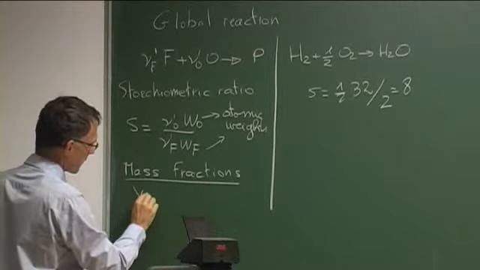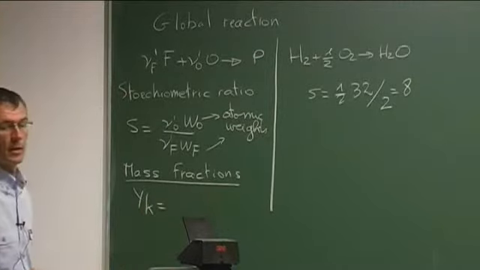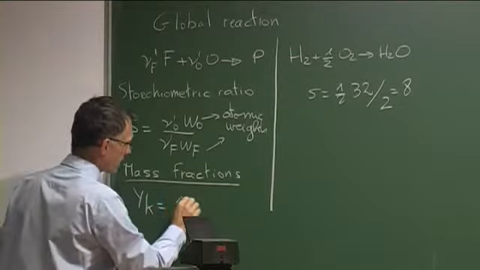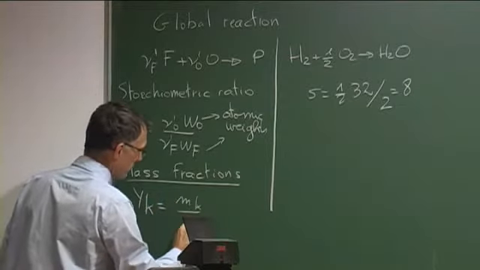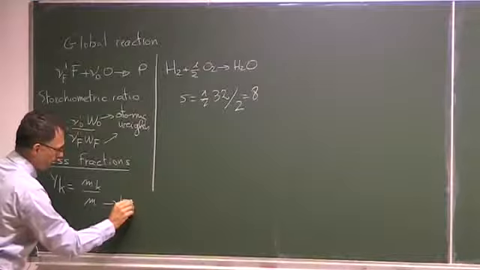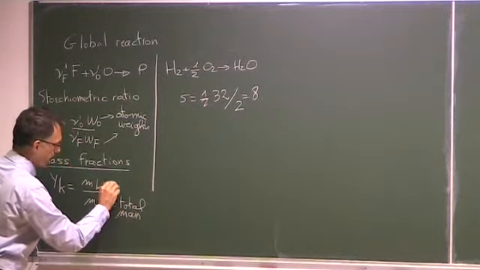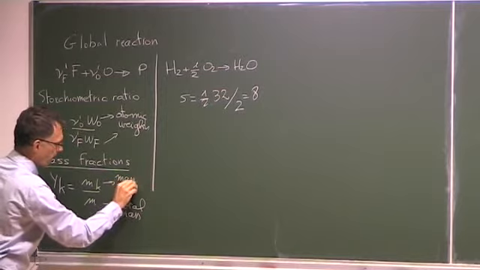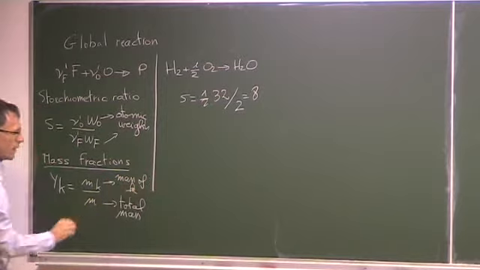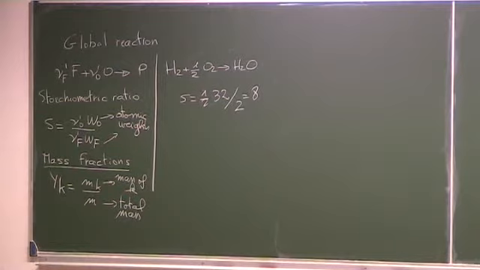The mass fraction of a species K is defined as the mass of K divided by the total mass. So you take a box, you look at the total mass which is in the box for all the species, you look at the mass of the species K, and you divide them, and it gives you the mass fraction.